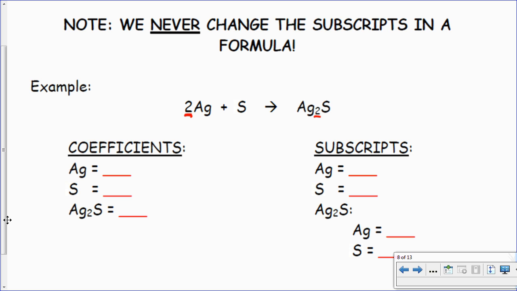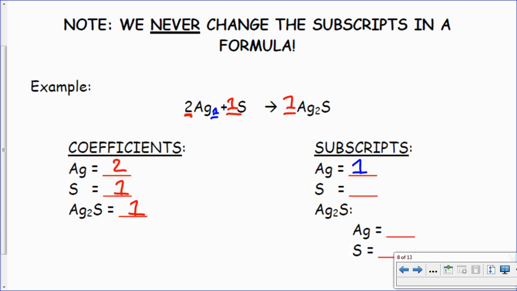So for coefficients, for the Ag, it's a 2. For the S, it's a 1 because there's no number actually written there. For Ag2S, since there's no number out front, we have to assume that it's a 1. Okay, I'll do my subscripts in a different color. So for subscripts, on Ag, there's no number there, so we assume it's a 1.